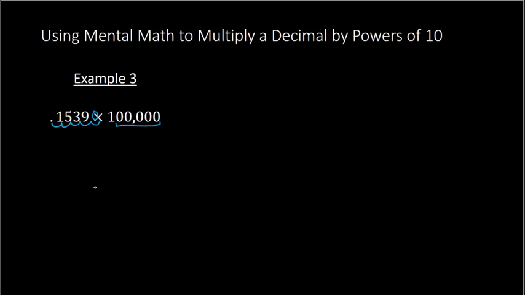So our answer would be 15,390. And lastly, example 4, we have 0.0036 times 10 to the third power. So here, the exponent is 3. That means move the decimal point 3 places to the right, which gives us 3.6. So 3.6 would be our solution.